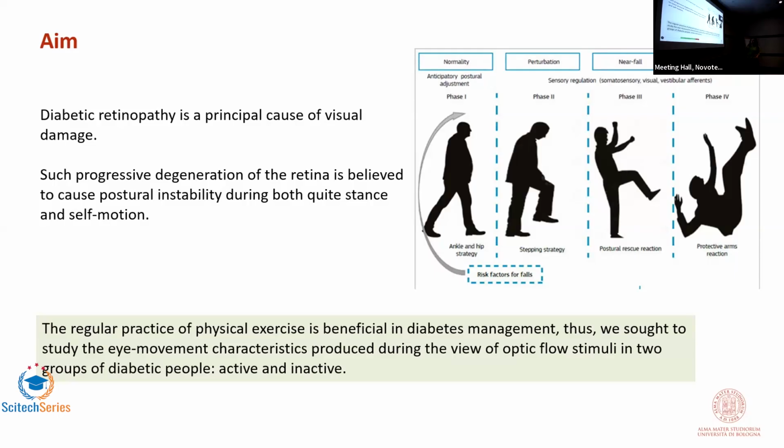Because we know that the regular practice of physical exercise is beneficial in the management of diabetes, we sought to study the eye movement characteristics produced during the view of optical stimuli, because, as I said, these optical stimuli simulate our walk in the environment. We did it in two groups of diabetic people, active and inactive.